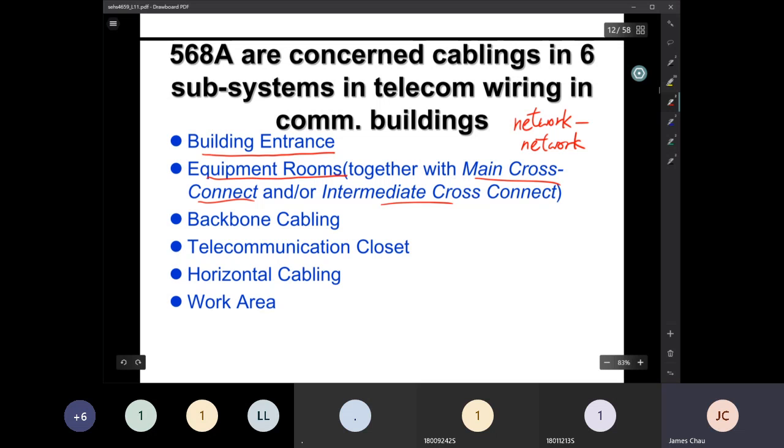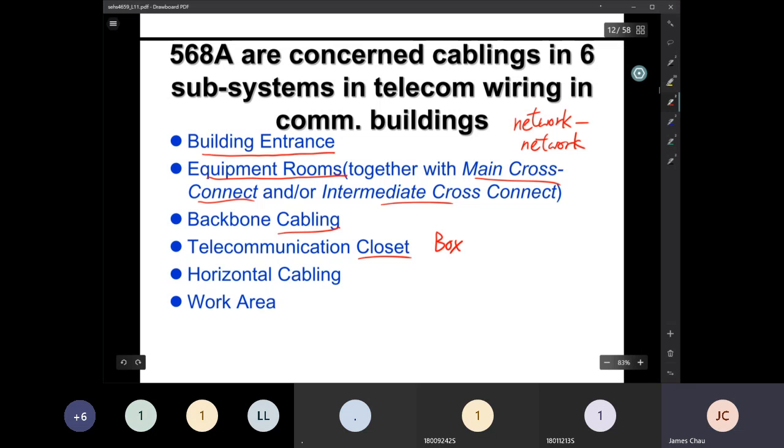Okay, we have the backbone cabling, telecommunication closets. Closet means we have a box or a cabinet that stores the equipment inside. Okay, and we have the horizontal cabling and work area.